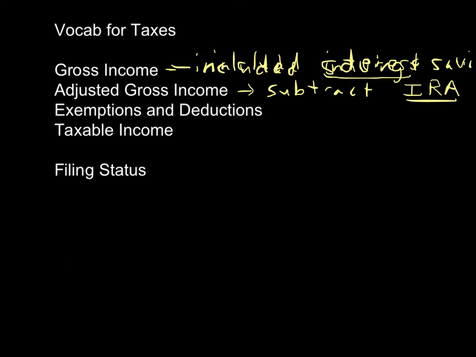Okay, and then exemptions and deductions are going to be if you take the standard deductions. Standard deductions are what everybody could take, or if you're going to itemize. If you itemize, that's going to happen when you actually have some things which are tax deductible.